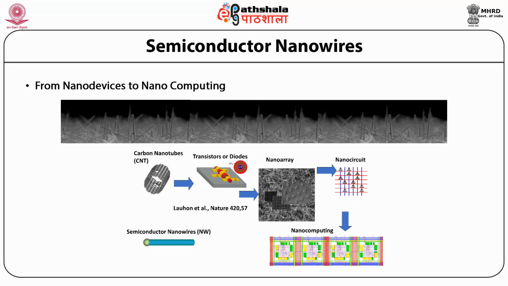Then this shows a nano array of various transistors or diodes made from nanotubes. These nanoarrays are then used in nano circuits, and then finally we use them in nano computing. We can use the semiconductor nanowires instead of carbon nanotubes also.